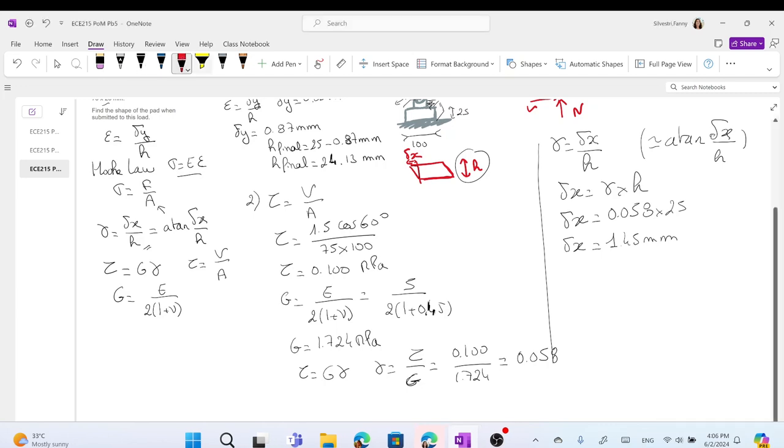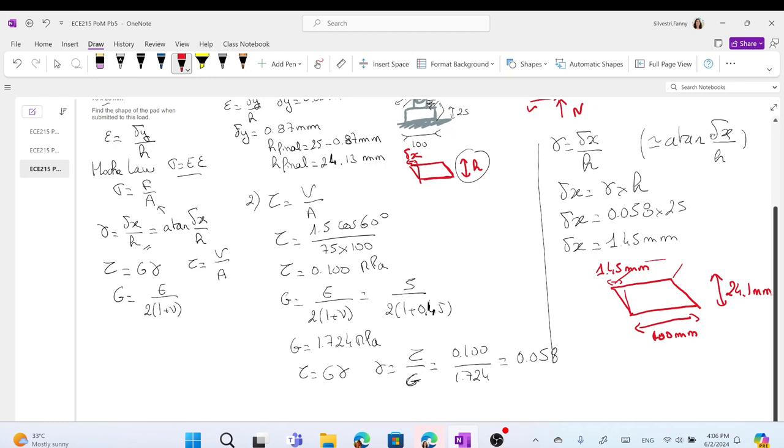So that means that the rubber at the end looks like this. This is exaggerated, it's not that much, but the height at the end is 24.1, and this little distance there is 1.45 millimeter. Remember that this one is 100 millimeter, so it moved about 1.5%.